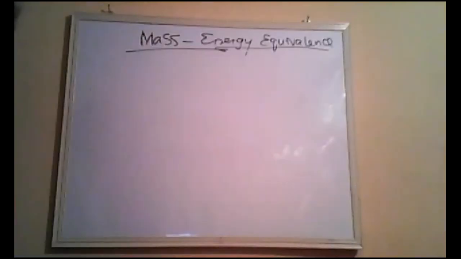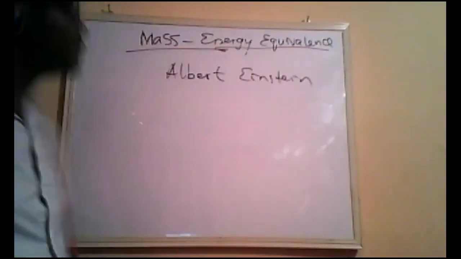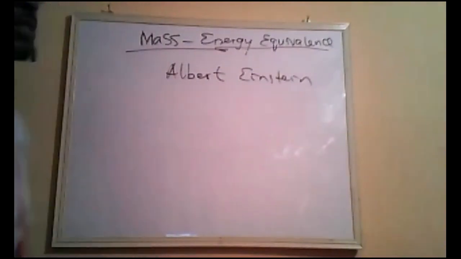Mass energy equivalence. Before the time of Albert Einstein, one of the greatest physicists that ever lived, he proposed a theorem in his special relativity, around 1912.